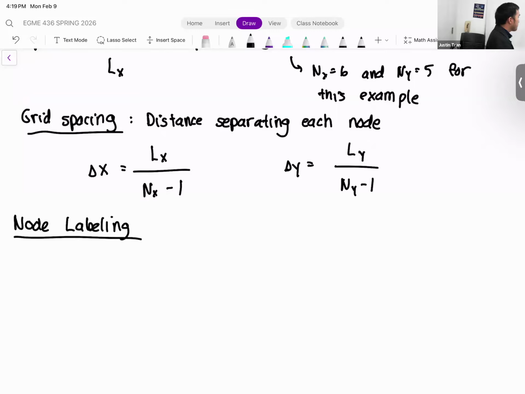How you label the node numbers is of critical importance for 2D problems. Every node in a finite difference grid has to have a unique ID number that's unique to that node.